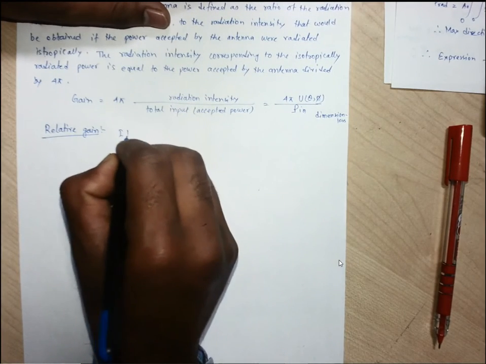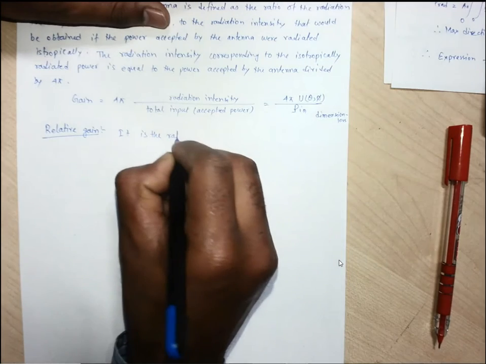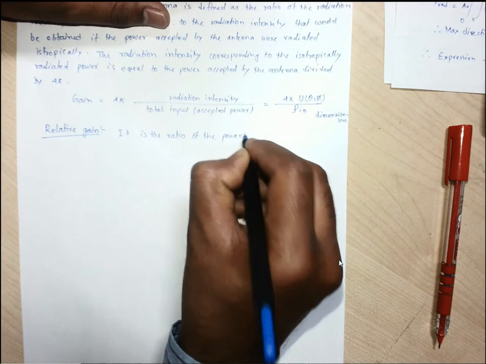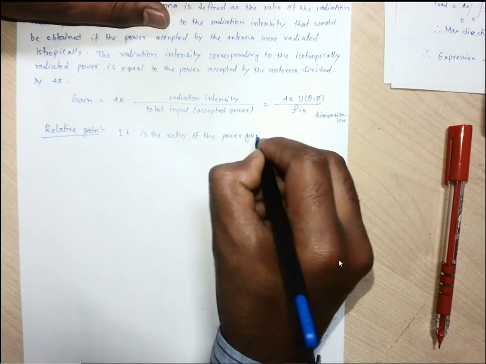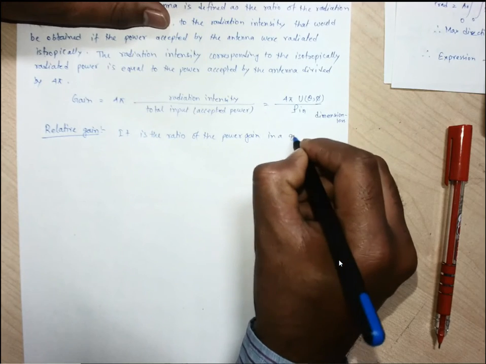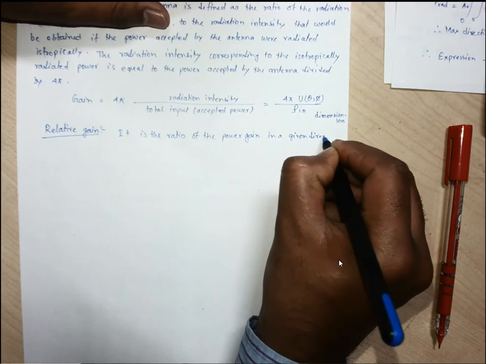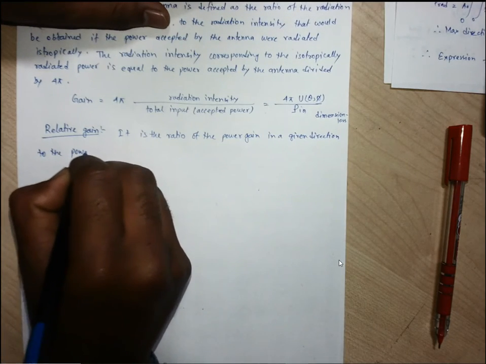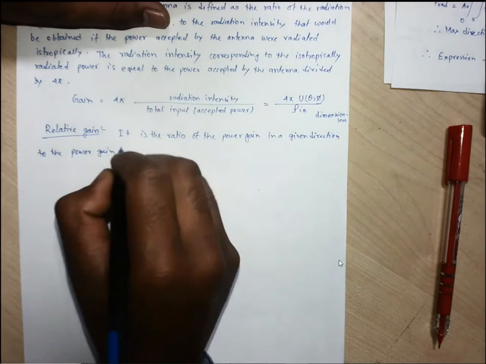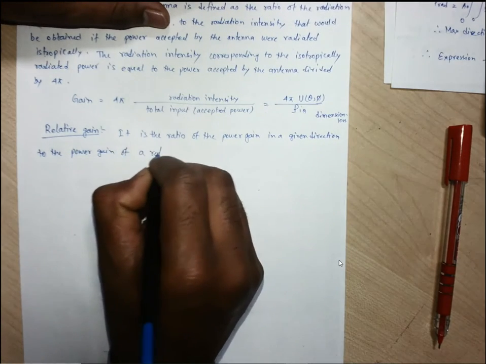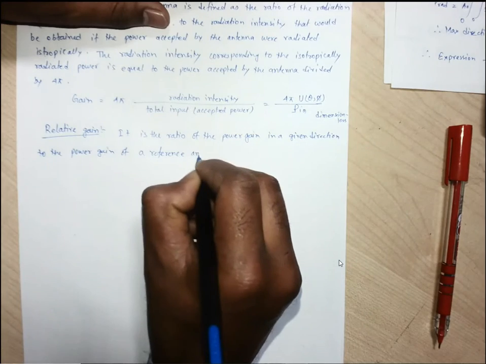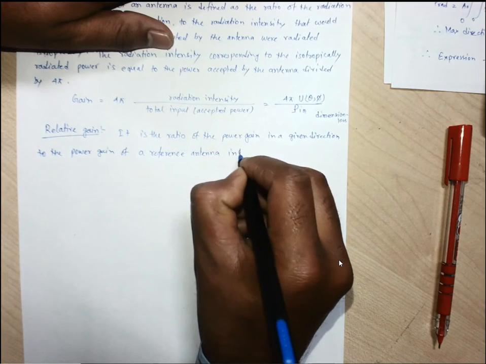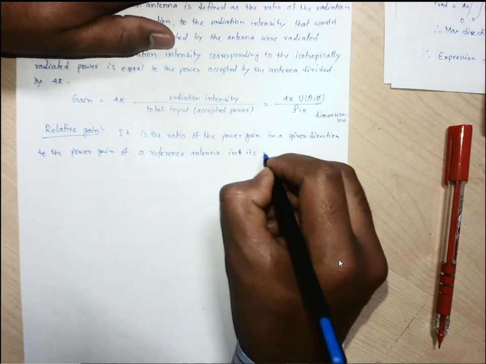It is the ratio of the power gain in a given direction to the power gain of a reference antenna in its referenced direction.